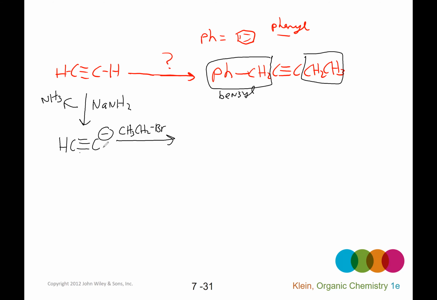So you'll do the SN2 reaction that we studied in chapter 7, add the ethyl group. Okay, so we've taken care of that side of the molecule. And now we want to add a benzyl group. So we have a second acidic hydrogen, so we can do another, remove that second acidic hydrogen.